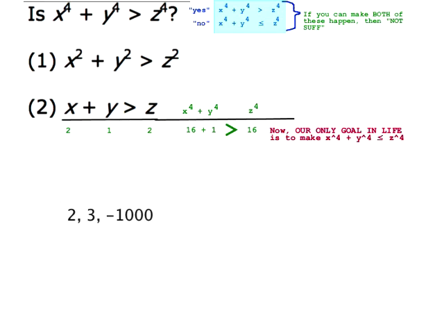This shows one way to strategize this pretty well. If you make these 2 and maybe 3, and then this is like a negative number, we can even just keep that as 1 for now, because then this is still 16 plus 1. But then z to the fourth is something really big. So that's going to definitely be less than or equal to.